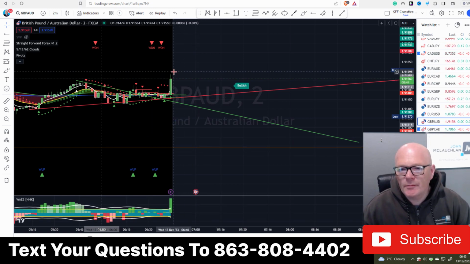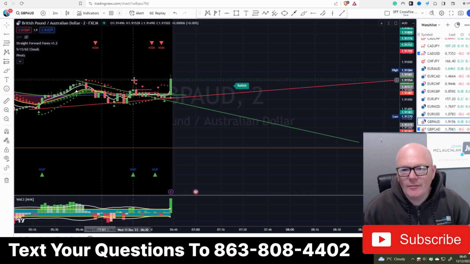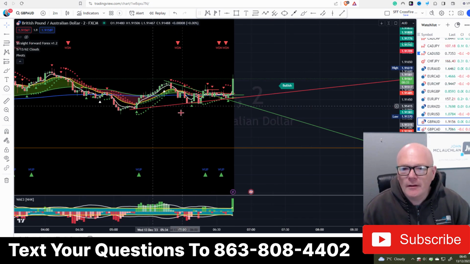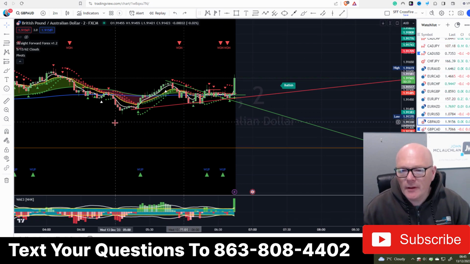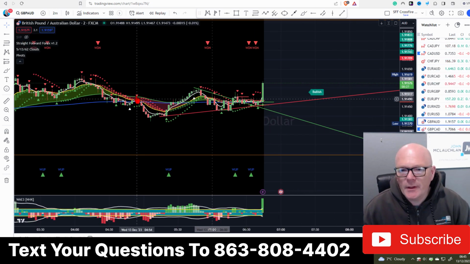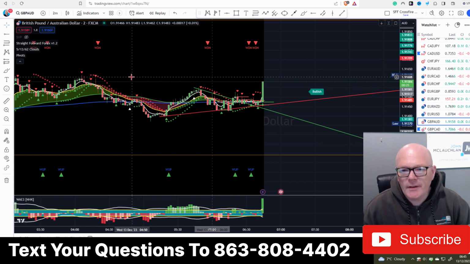Price may well even go a little bit higher, but I doubt it's going to go much higher than this high here. You can see how it pushed up and then came back to this area. You've got to be really careful of this. You've got to be really mindful of what this manipulation means. It may well come up to this area here.